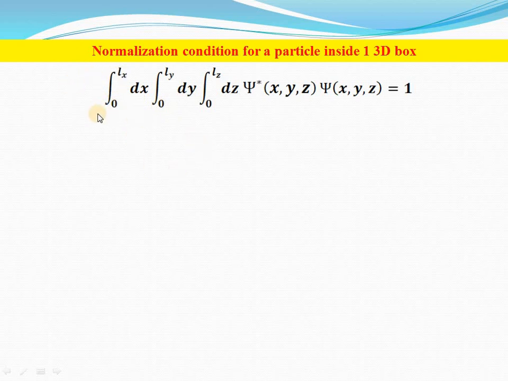But here, as there are three dimensions, x, y, z, we have to take the integration along three separate directions, 0 to Lx, 0 to Ly and 0 to Lz, and this is called the probability density function. So the integration of this probability density function, which is psi star into psi, will be 1. That is according to the normalization condition that we have imposed.